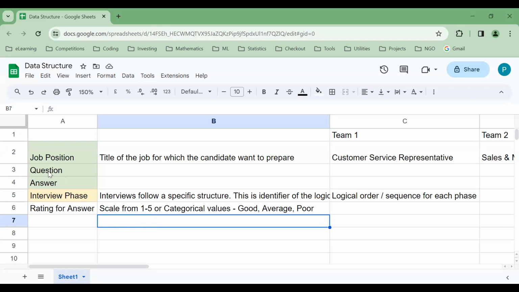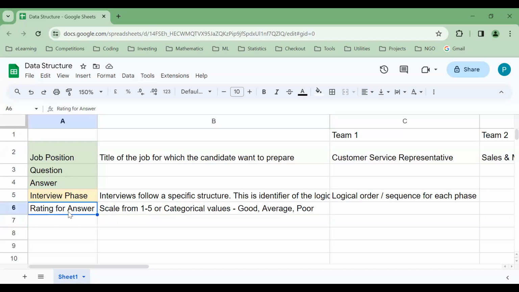So instead of having multiple answers for a question and giving a rating for the answer, we could have another column which would say what are the different aspects that need to be provided by the candidate in the answer. That is another option.